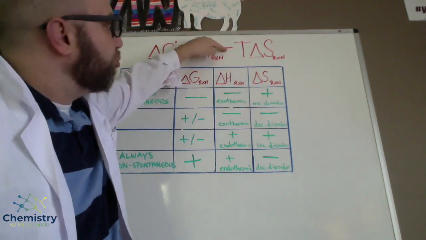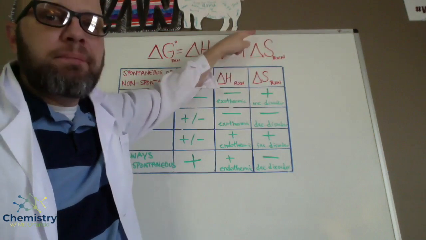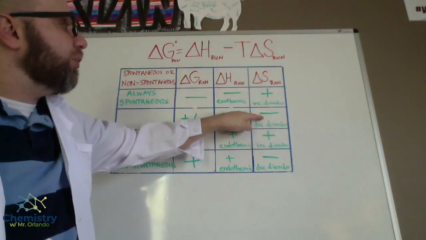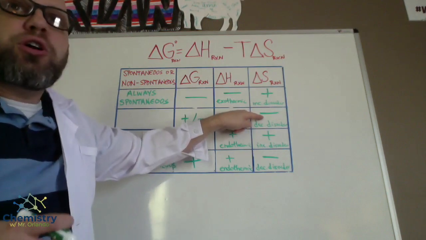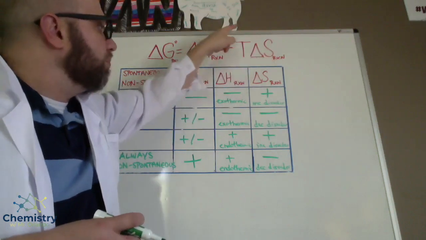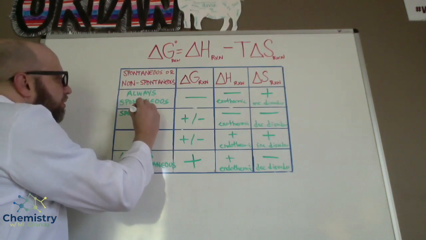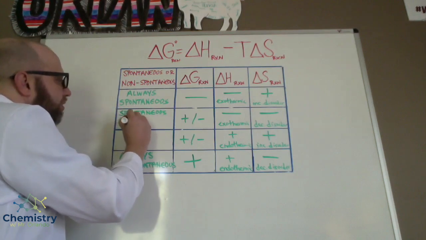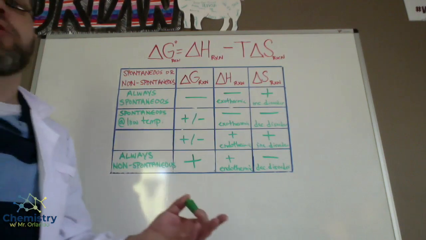Now, you're subtracting a negative value, so this overall term ends up being positive. That works against it being spontaneous. So if you have a decrease in disorder like you have here, when is that going to occur? That's going to occur when you have a really low temperature. So a low temperature will keep this term low. So we'll say spontaneous at low temperatures.